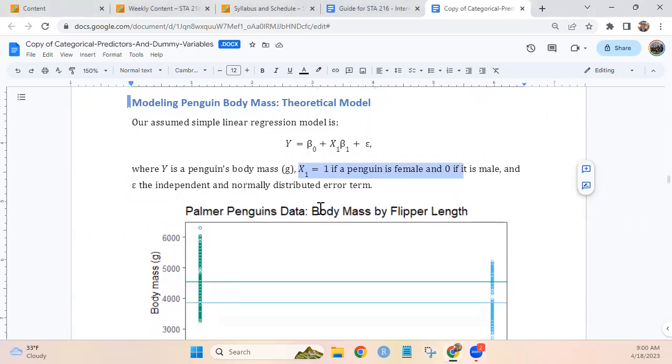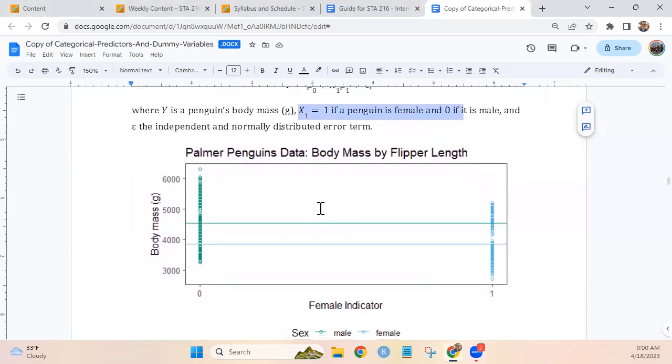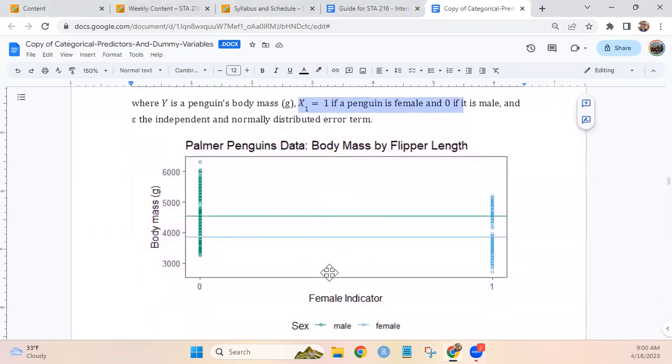And what does this imply about our predicted values? Well, if we look at the data here, we're plotting all the body masses for the male penguins, so the indicator is 0, and here are all the body masses for the female penguins, where the female indicator is 1.